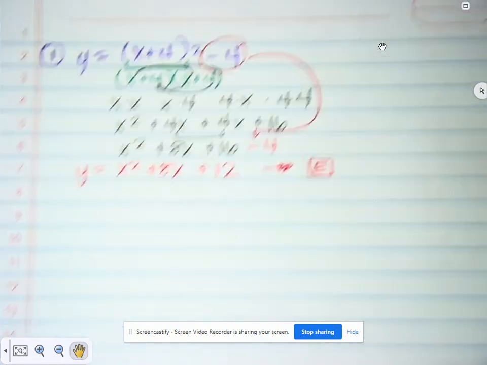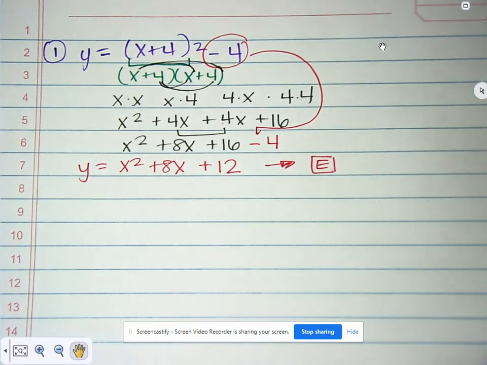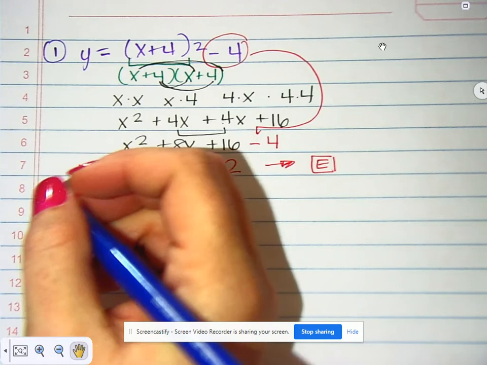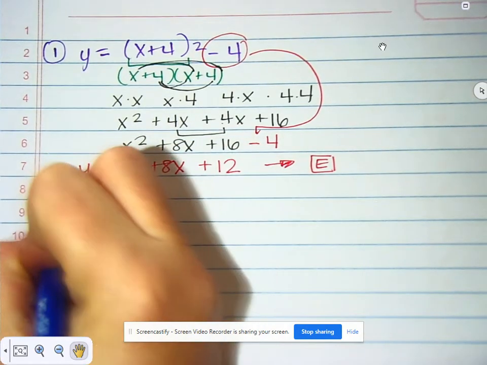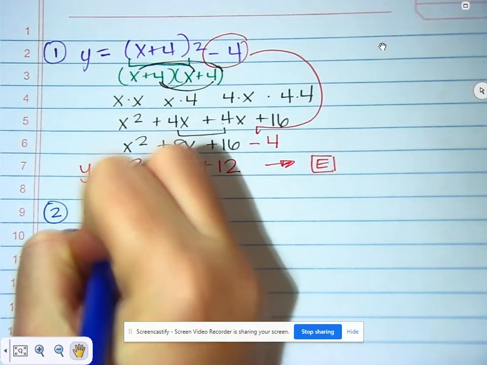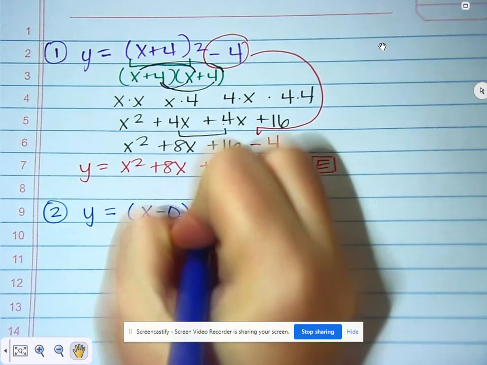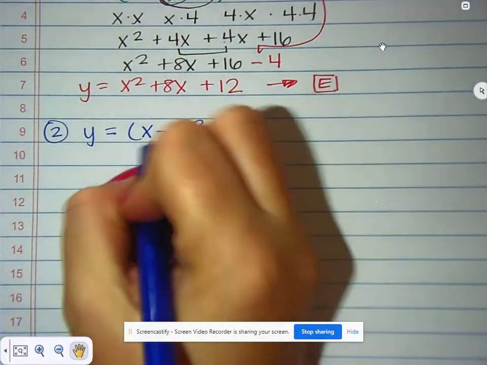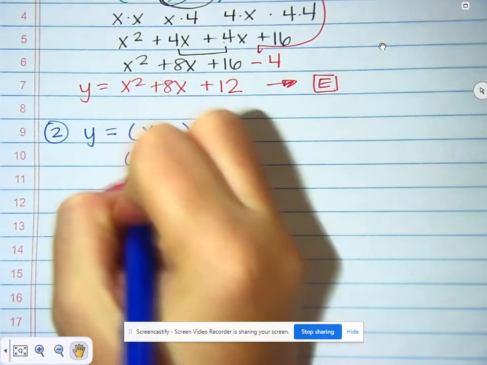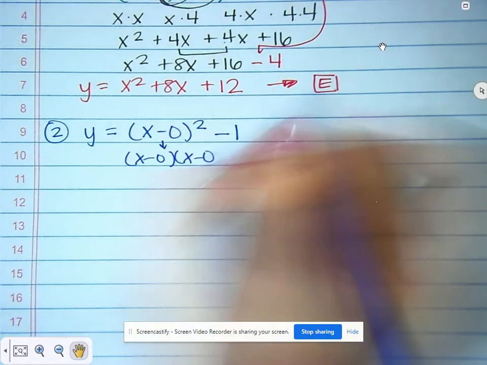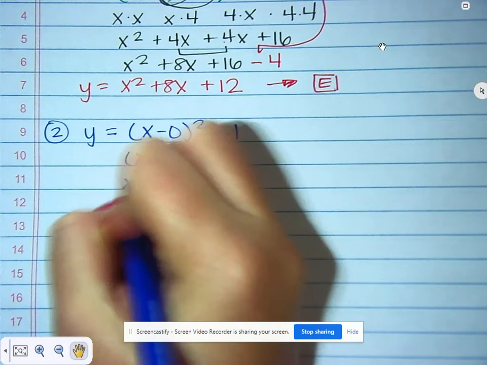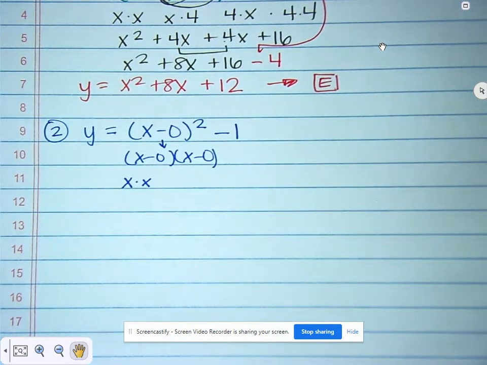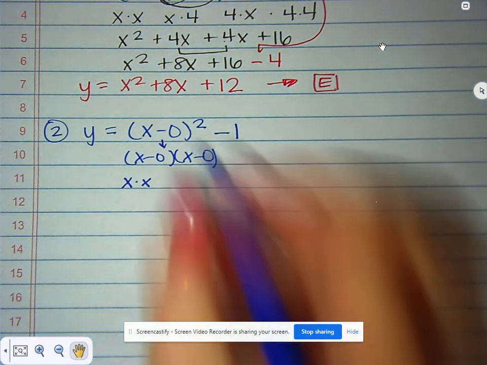All right, let's look at number 2. I'll do number 2 with you as well. Okay? So again, I'm going to start right here. I'm going to write that twice. Okay, and I'm going to write it out. Now, some of y'all don't have to write this next step out because you're good at distributing.